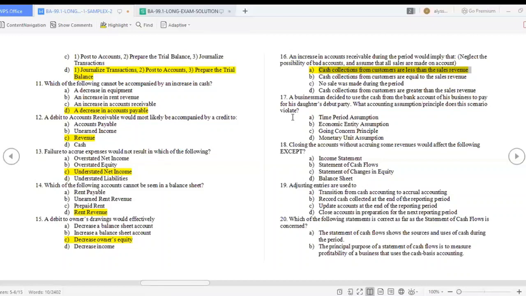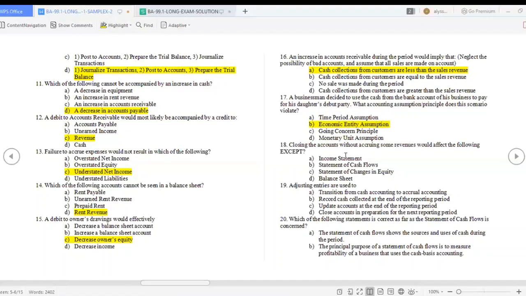So the transactions of the owners, the businessman, should be different or separate from transactions of the company. Correct answer is letter.